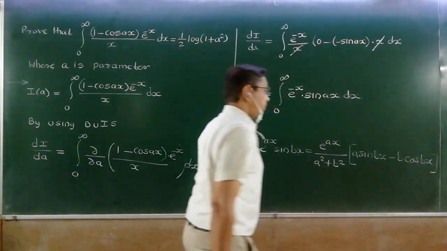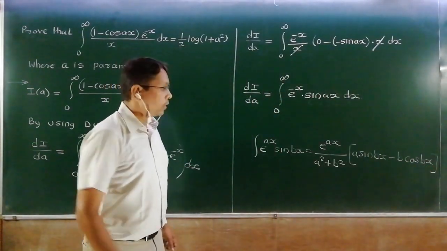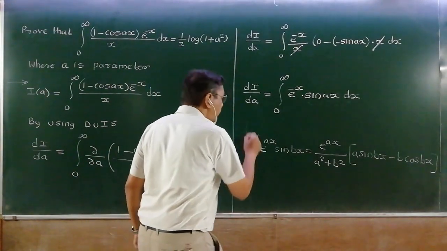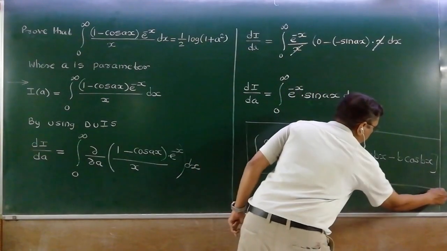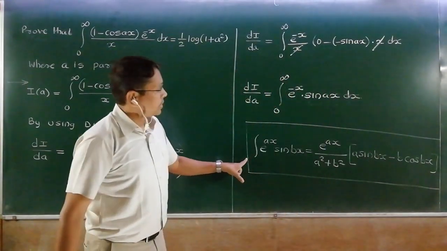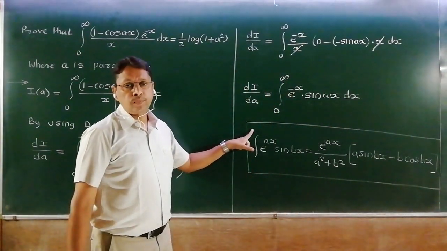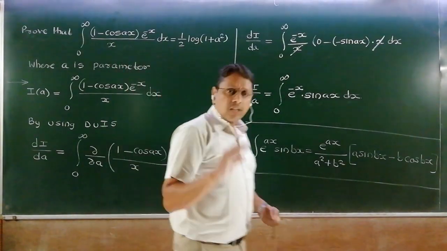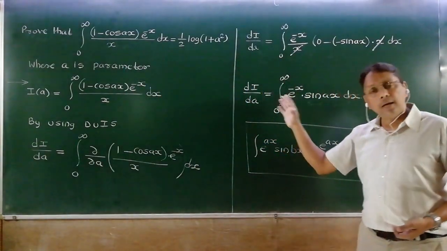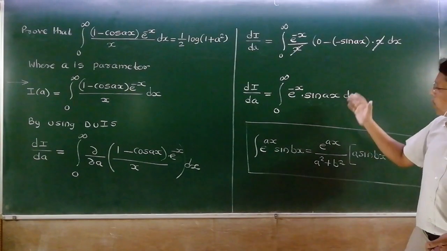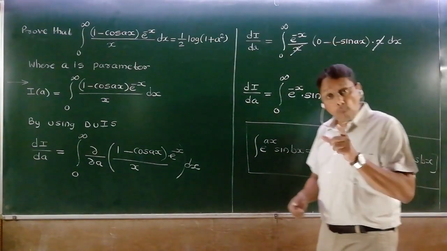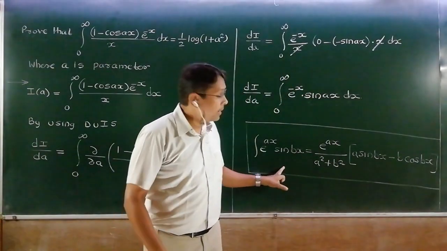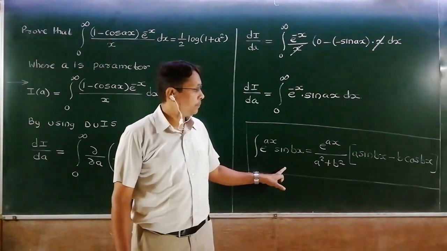Write this formula first of all in the upper margin, not as a part of the solution. So the first step of partial differentiation is clear. The next step is to integrate. Before that, note down these things with understanding, but don't forget to write this formula in the upper margin.